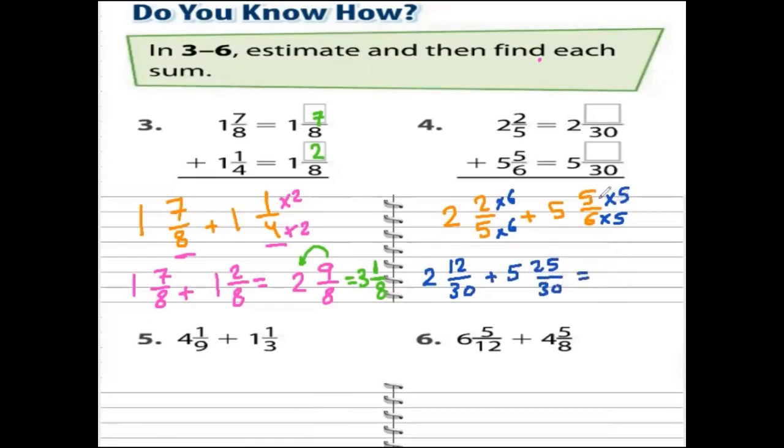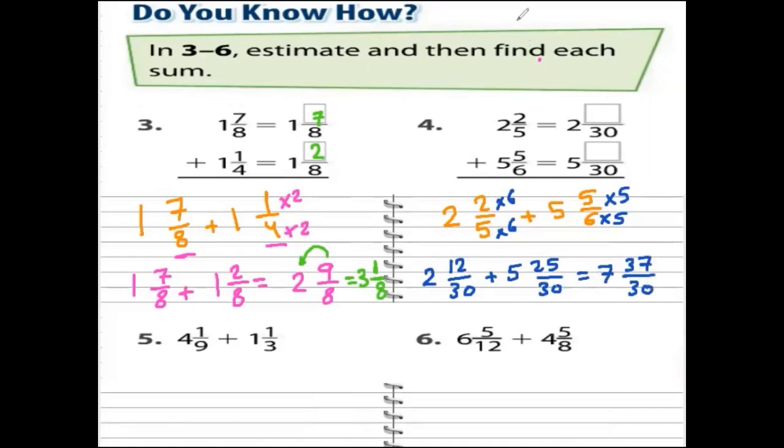Add normally. 5 times 5 is 25. 6 times 5 is 30. Add the fractions first. Now it's going to be 25 plus 12, which is 37 over 30. Then add the whole numbers. 5 plus 2 is 7. Okay. Mister, the number up is bigger than the number down.